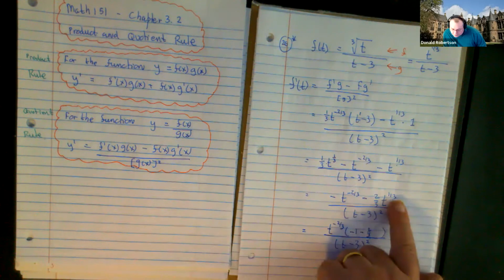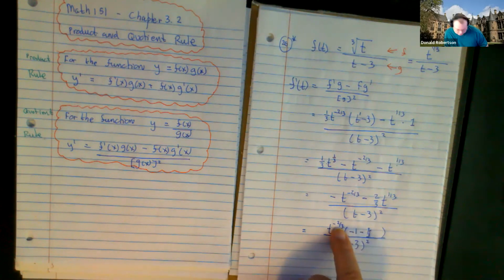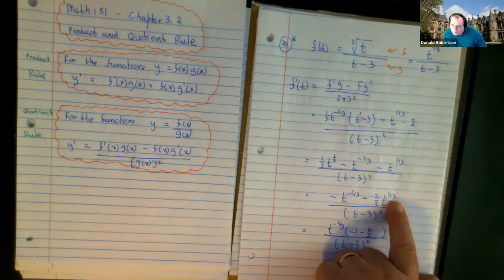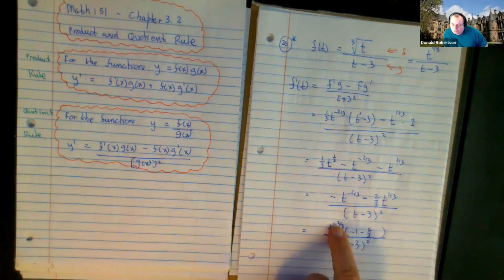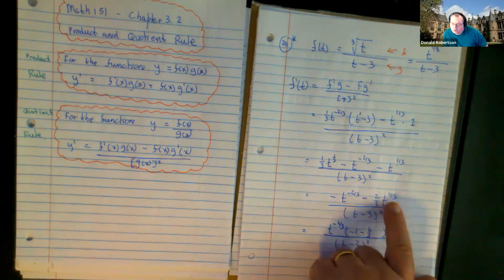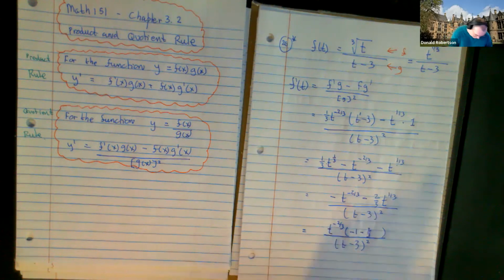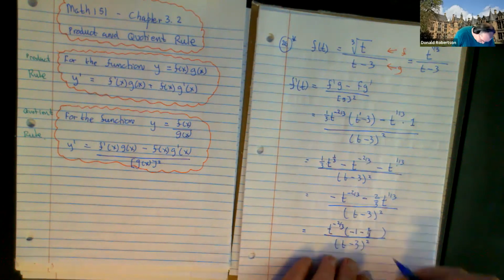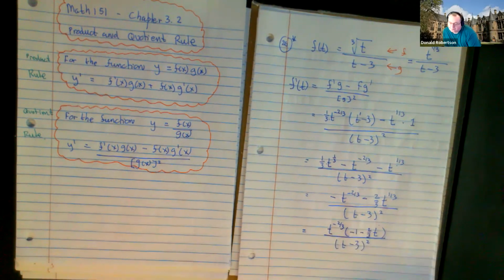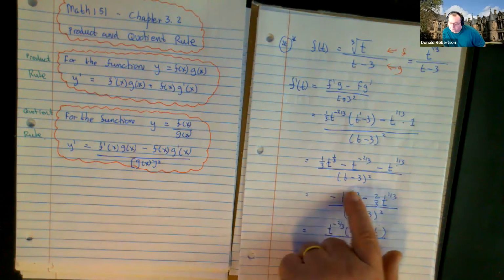You've got 1/3 and you're going to take away -2/3, right? So you've got 1/3 power and you're going to take away -2/3, which really means 1/3 add 2/3, which is in fact 1. So you get t to the power of 1. And if you're not convinced that that's true, distribute that, you'll get back to here.